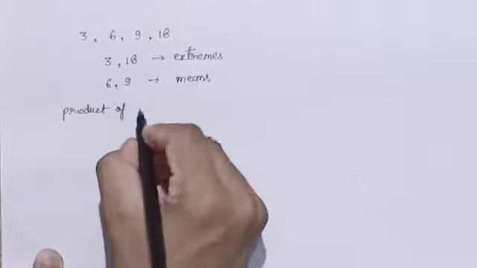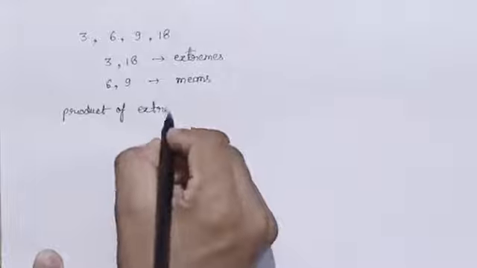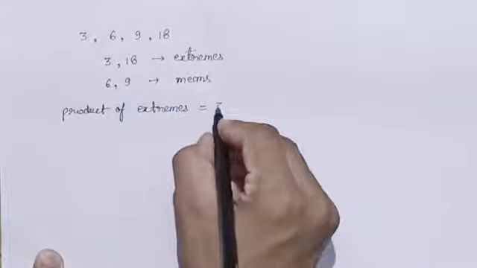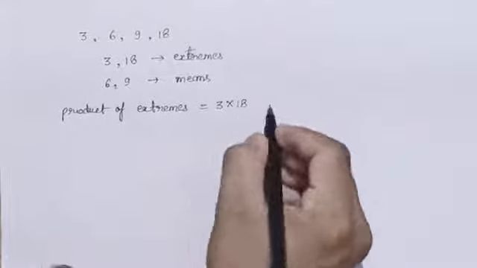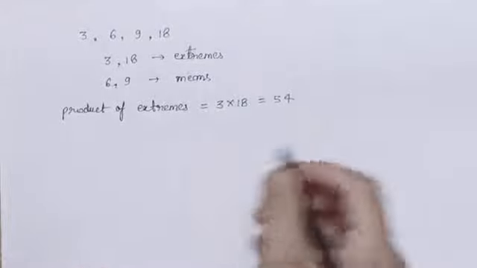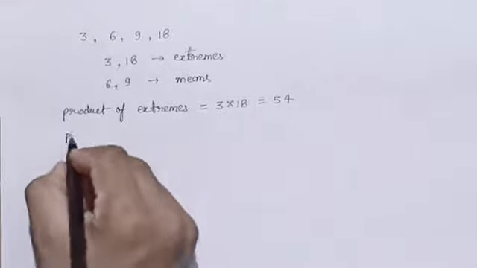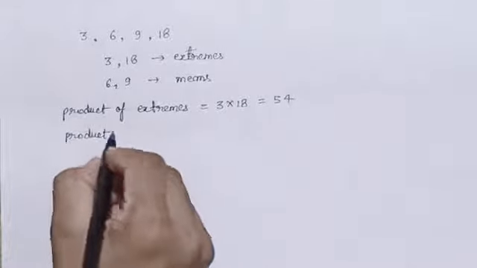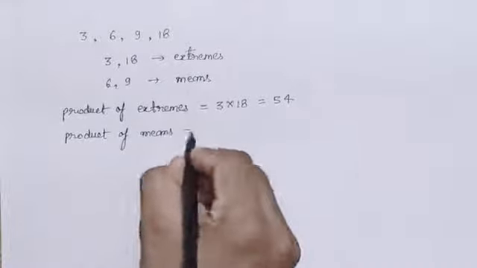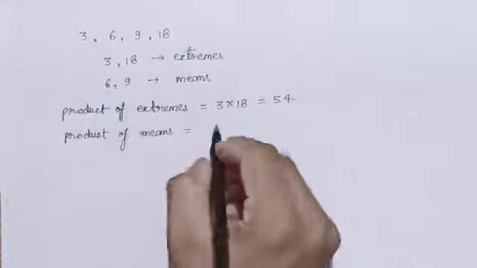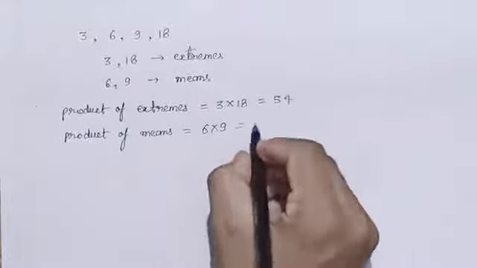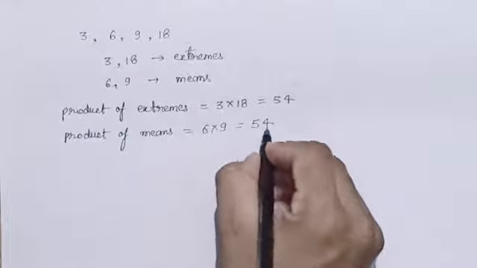So product of extremes is equal to 3 into 18, which comes out to be 54. Now product of means equals 6 into 9, and you know 6 into 9 is also equal to 54.